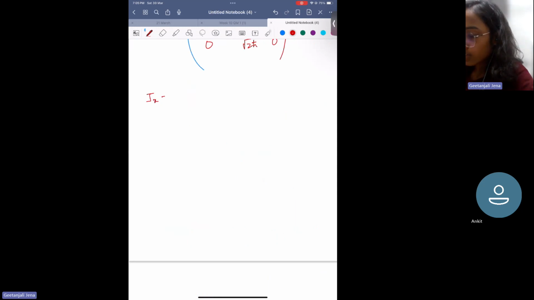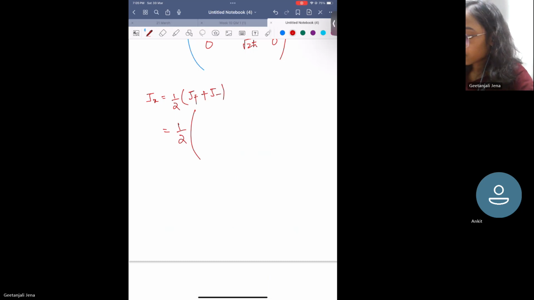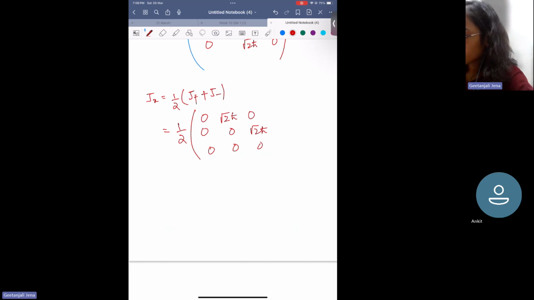Now for jx, what you have to do? You have to take half of j plus j minus. That means half of, let me see, it is plus 0, root 2 h cut 0, 0, 0, root 2 h cut 0, 0, plus half of 0, 0, 0, root 2 h cut.